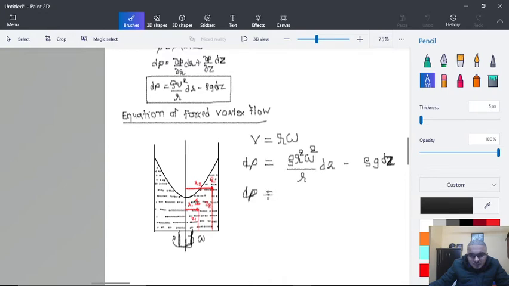dP is equal to rho r omega square dr minus rho g dz, and we can integrate this equation from point 1 to point 2.